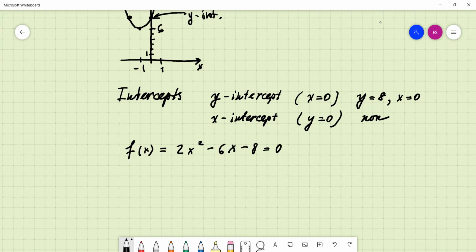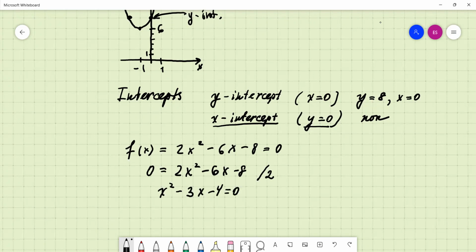So remember that x-intercept happens when y equals 0. Y equals 0 means that f of x equals 0. So you're going to put 0 here, 2x squared minus 6x minus 8. I don't want to deal with big numbers here. I see that I obviously can divide the whole equation by 2, because all terms can be divided by 2. And my equation is going to be x squared minus 3x minus 4 equals 0.